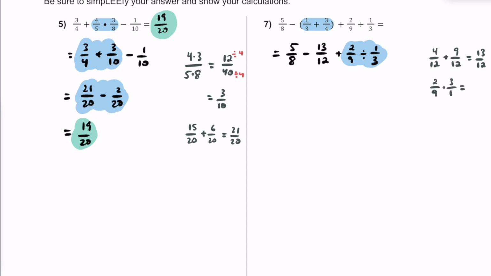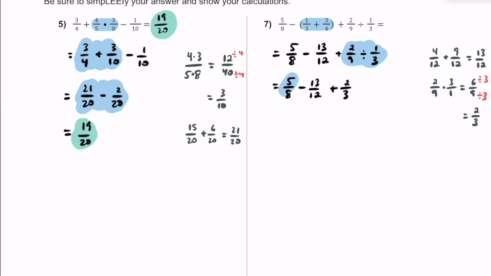If you multiply this, you're going to get 6 over 9. And then you can go ahead and divide both the top and bottom by their GCF. And so you're going to simplify this to get 2 over 3. So when you divide these two fractions, you're going to get 2 over 3. So we can go ahead and say it's going to be 5/8 minus 13 over 12 plus, and then we're going to get 2/3 over here.